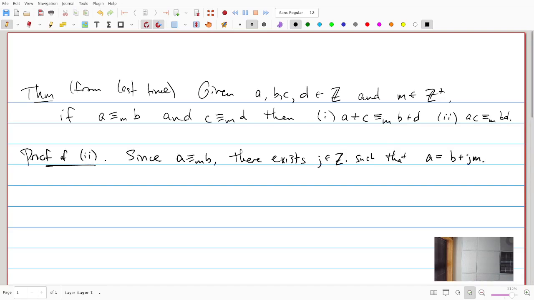Right? This is a theorem we proved: A and B being equivalent modulo M, another way to say that is we can get from one to the other by adding some multiple of M. So their difference is a multiple of M. Likewise, there exists some K such that C equals D plus KM.